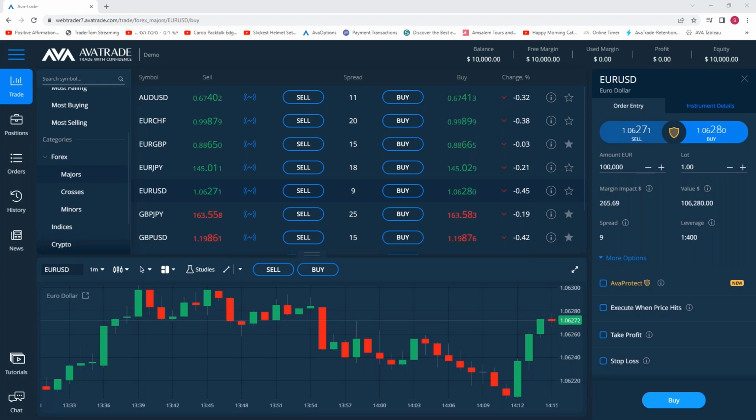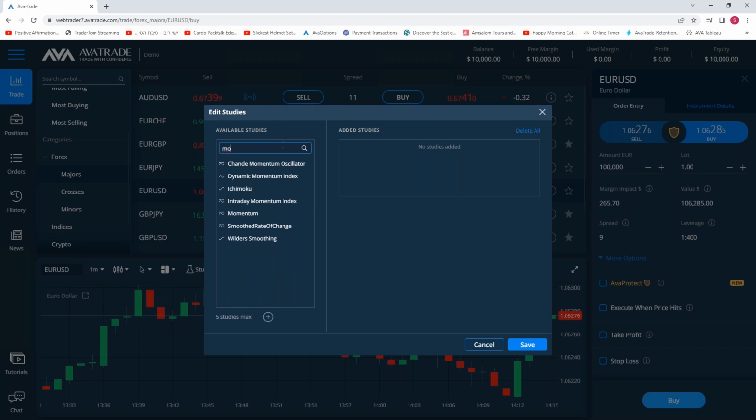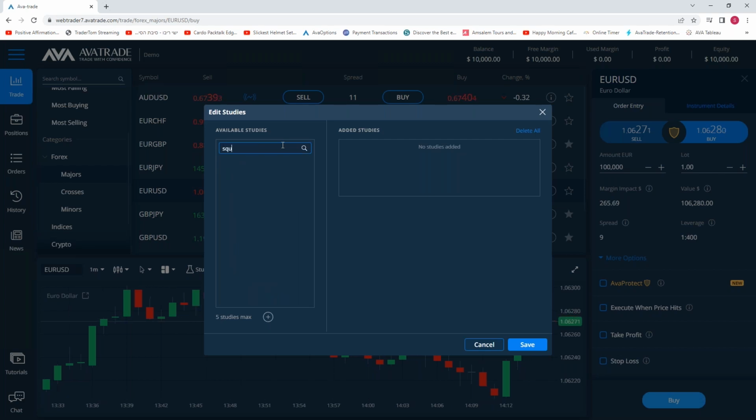Can you please try from indicators as I was trying to see? Okay, no problem. We can try it here. If you go to studies, and if you're looking for moving averages, you can scroll to it, or you can just type. So your question here, squeeze.